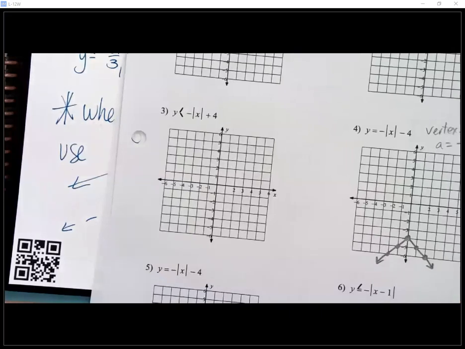So you try it. Set yourself up like normal. Ask yourself, oh, this is an inequality. Dotted or solid, and which way am I shading?